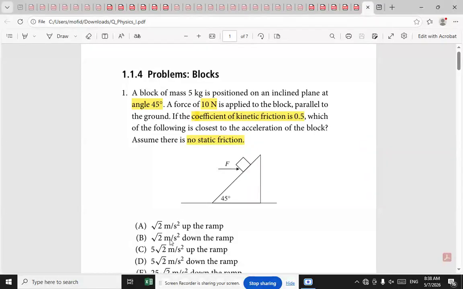You would solve this based on the change of velocity over time, but there is no time here. We just need to go through the force, and now the coefficient of kinetic friction, and also this angle and this mass. So we have the specific values, and we must know about Newton's third law.